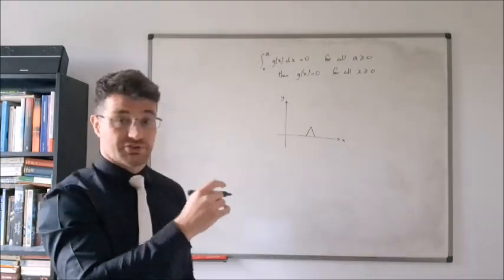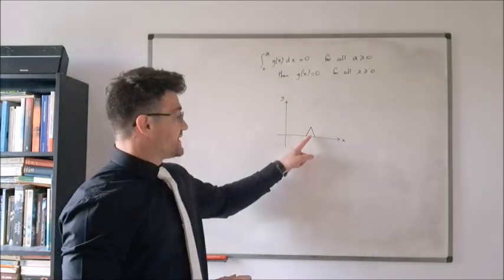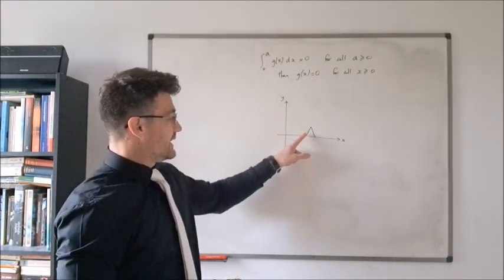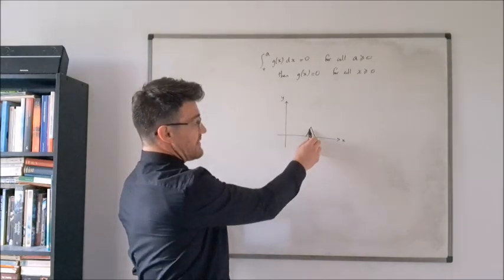I don't know what the function looks like. It might be quite wiggly or whatever, but there's going to be some region where the function takes non-zero values over some definite area.